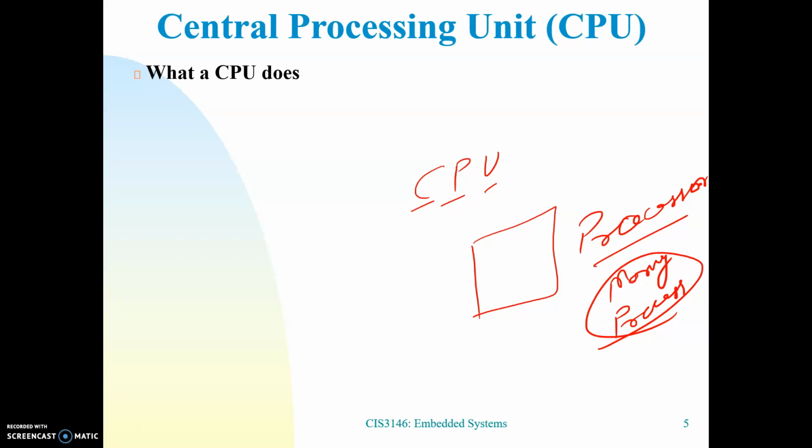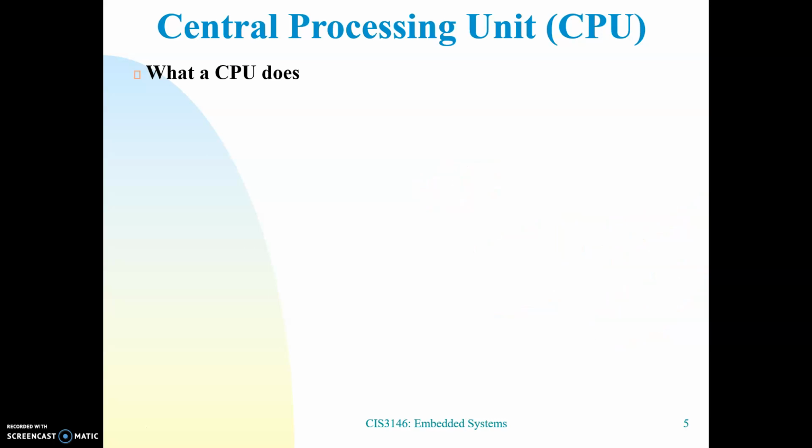A CPU is nothing but an electronic circuit within a computer that carries out instructions of a computer program. And in this slide, I'm going to show you how a computer program gets executed on the CPU using instruction stages.